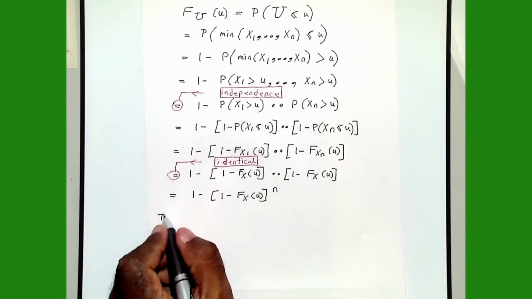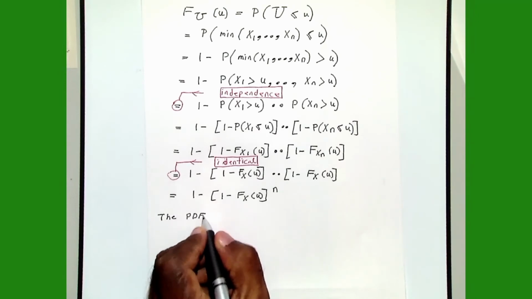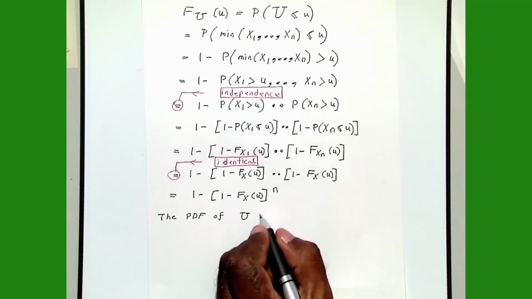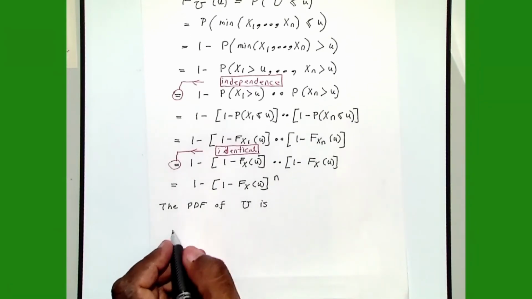Now the PDF of minimum portfolio loss is the derivative of the CDF.